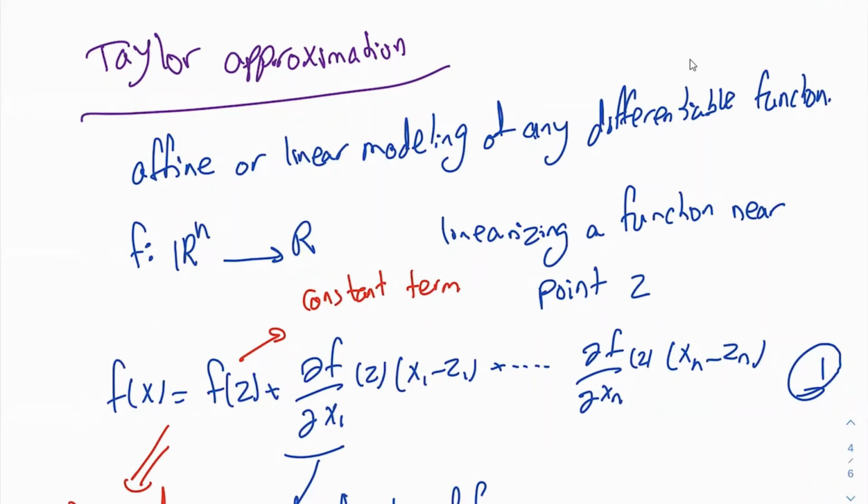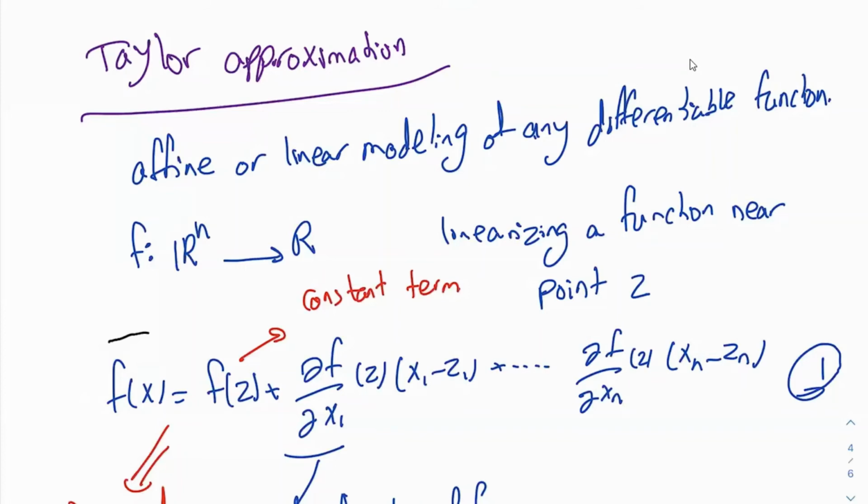How do we do that? f of x is our function that we want to model. We write it based on f of z, where z is the point that we are modeling f of x near. So f of z plus the partial derivative of f with respect to x1, because we are taking derivatives with respect to multiple components x1, x2, xn.